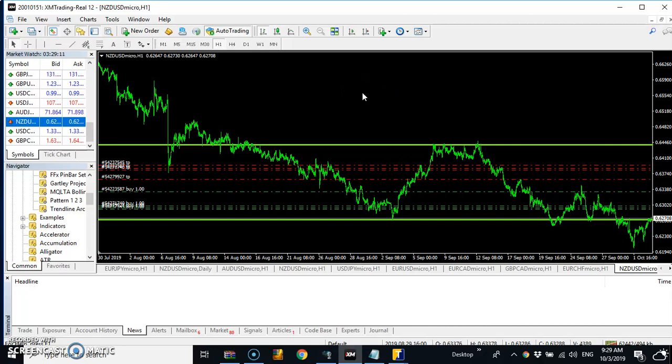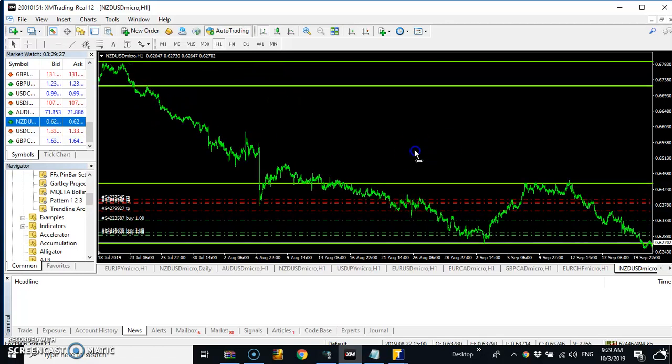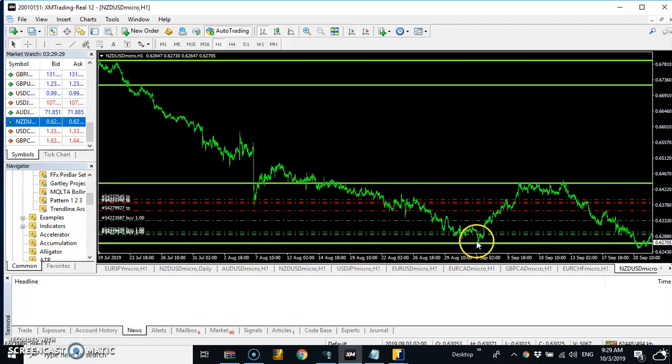Now let me explain it properly. See, the highest high on this time frame is what we've got here. The price reversed all the way down to the bottom of the chart, which is this one here.